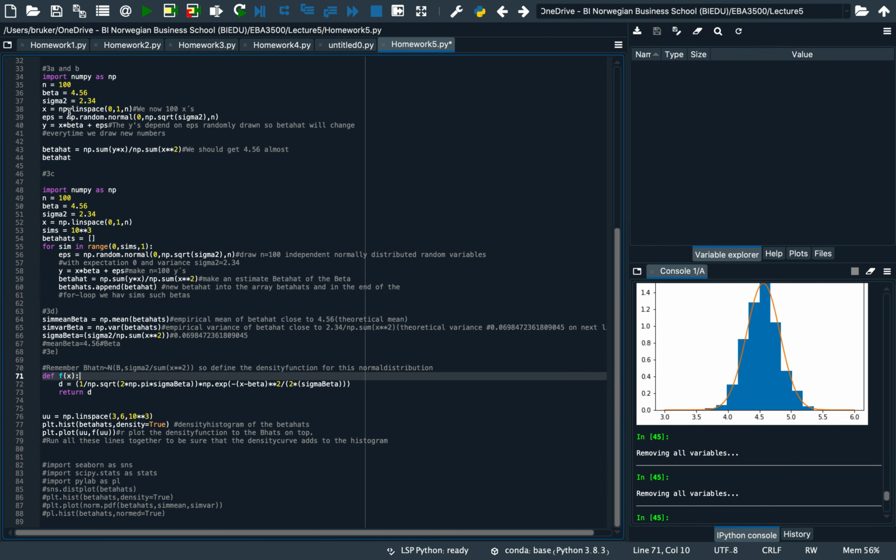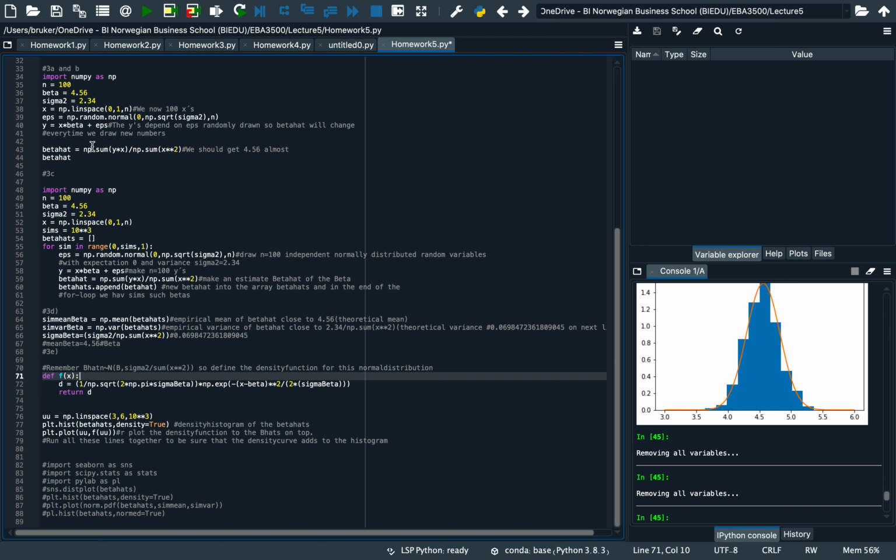X is an array between 0 and 1, split into 100 values. So 0.01, 0.02, up to 0.99 and 1 probably.